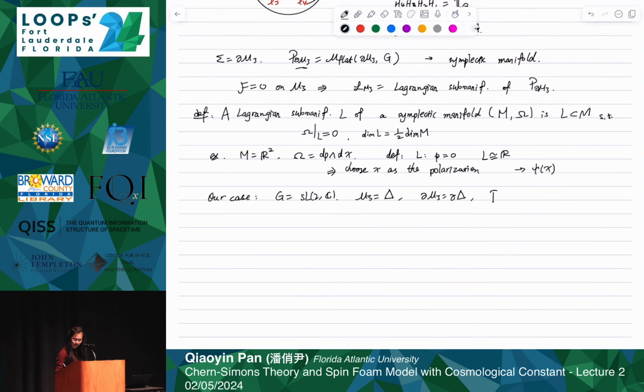And this allows us to construct the Chern-Simons phase space on the boundary and the Lagrangian submanifold. Okay, great. We have the phase space for Chern-Simons theory on the boundary of an ideal tetrahedron. And it's not enough. We also want to add one more ingredient. So we add a so-called framing flag.